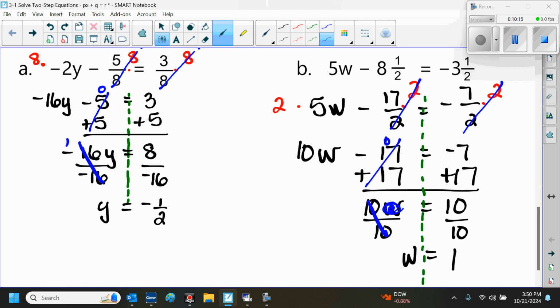Then I'm going to cover up my w. That means I want to get rid of the 10. So 10 times w, so we divide by 10 on both sides. So the 10s cancel to 1, and w is equal to 1.